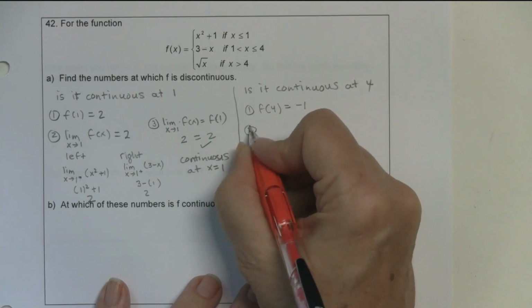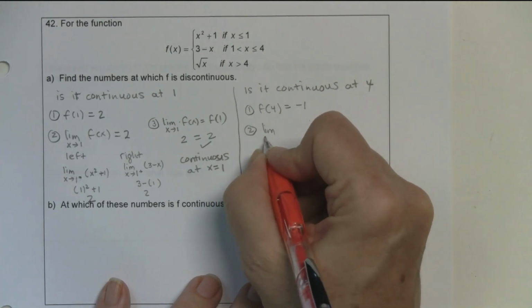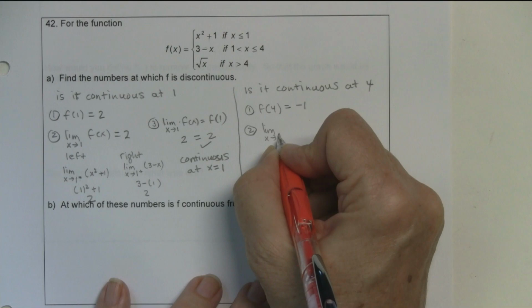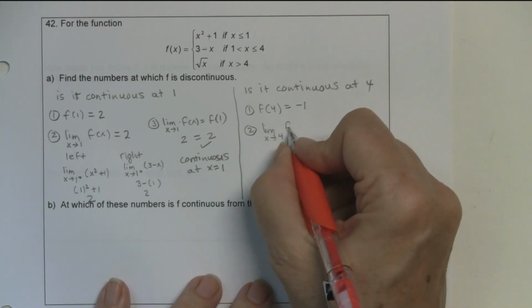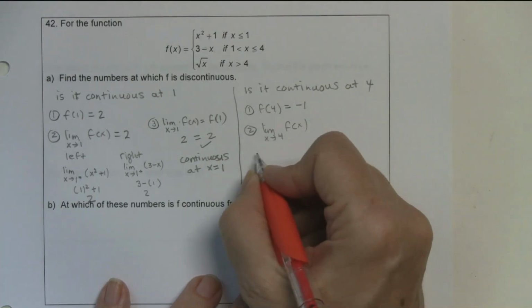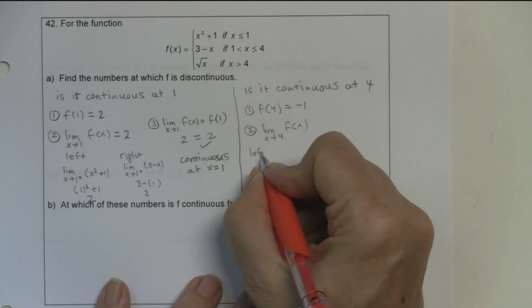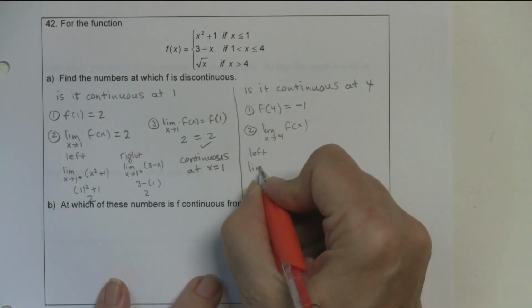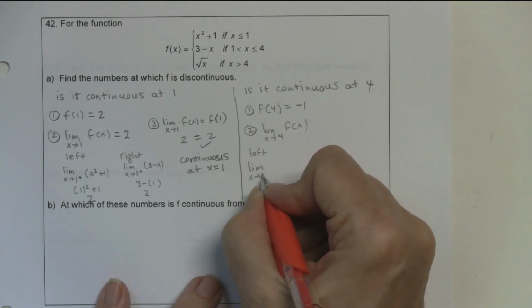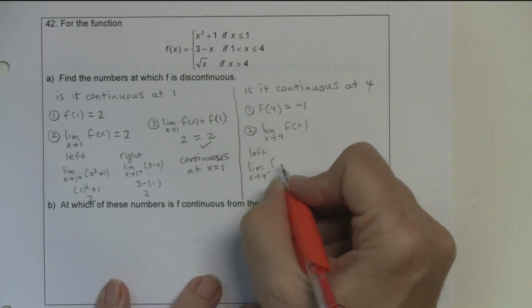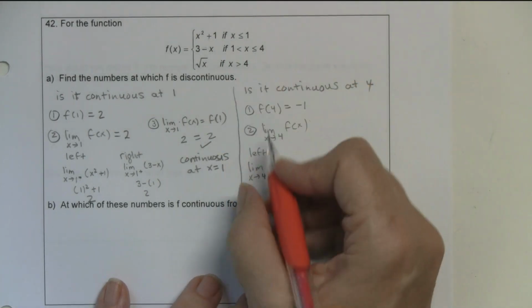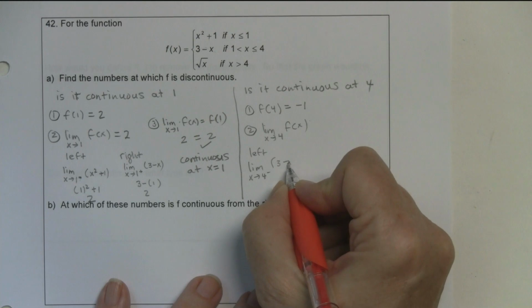And then the next thing would be the limit as x goes to 4 of f of x. And so I would be looking at the limit from the left here. What function, if I'm a little bit smaller, it's 3 minus x.